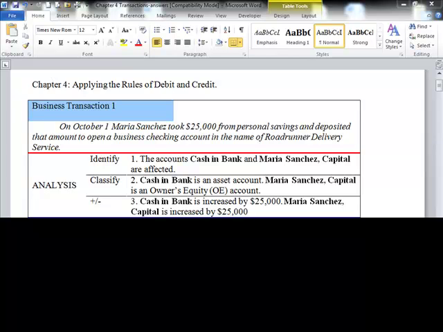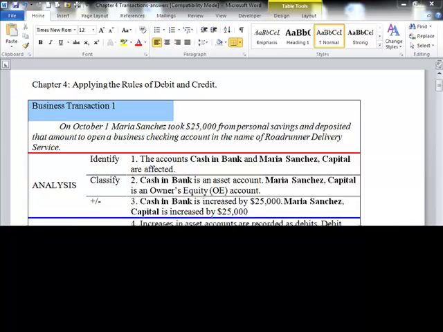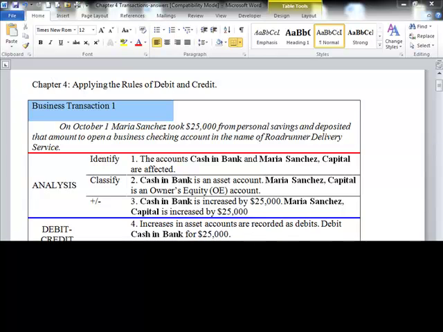If you're not sure what I'm talking about, look at my posters on the right side of the room, on the north wall. Locate the asset accounts, which is on the far left, and look at the debit and credit parts. Debit always means left, credit always means right, but when we have an increase or a plus to the account, increases in asset accounts are going to be recorded as debits. You will debit Cash and Bank for $25,000.